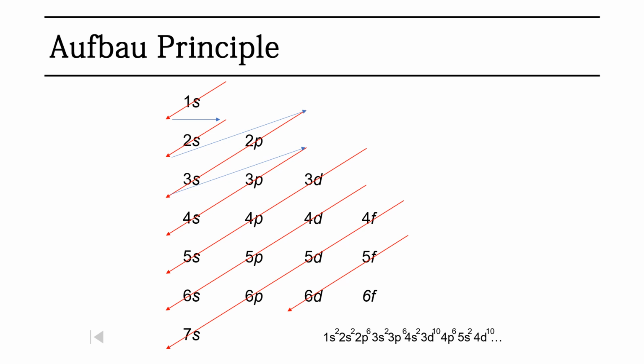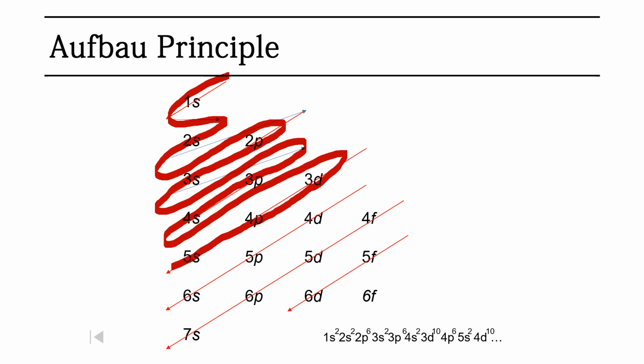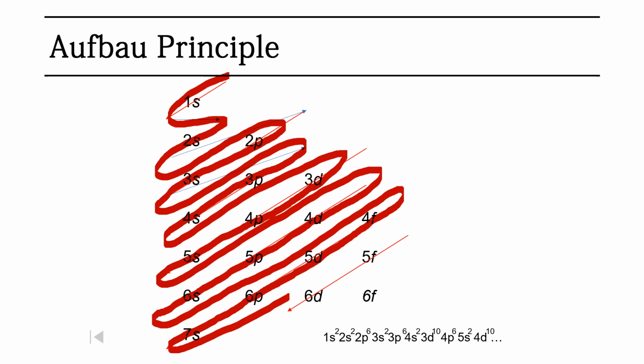That is the pattern in which electrons fill. Then 4p, 5s, 4d, 5p, 6s, 4f, 5d, 6p, 7s, and 5f, 6d, and next one is 7p.